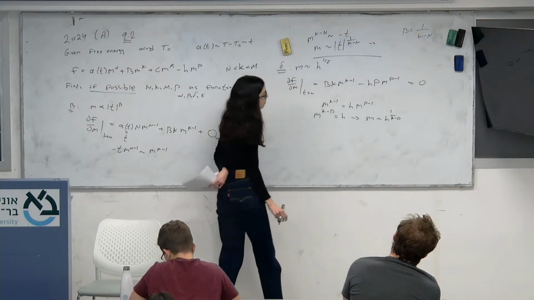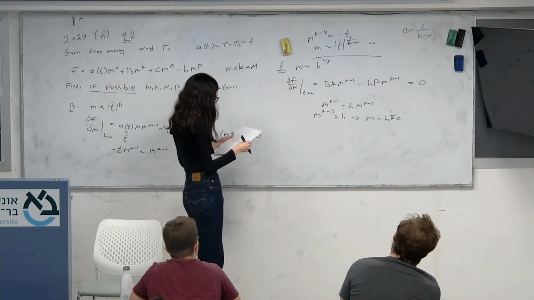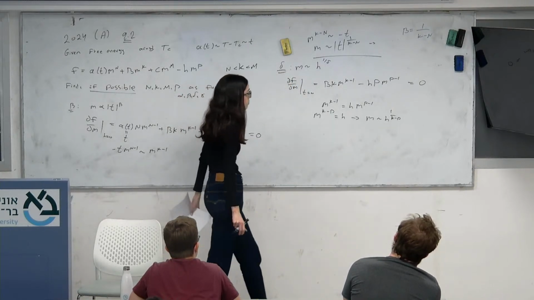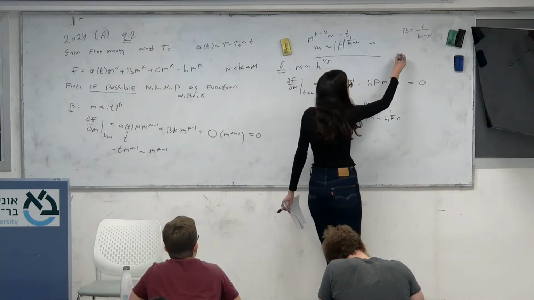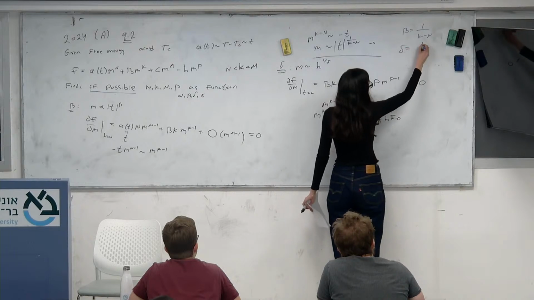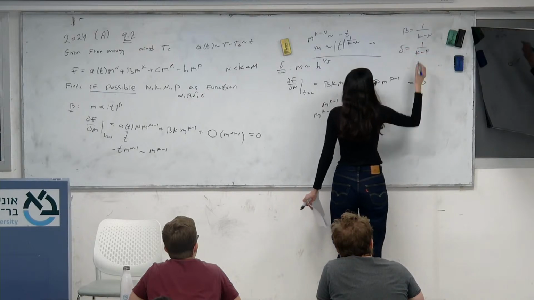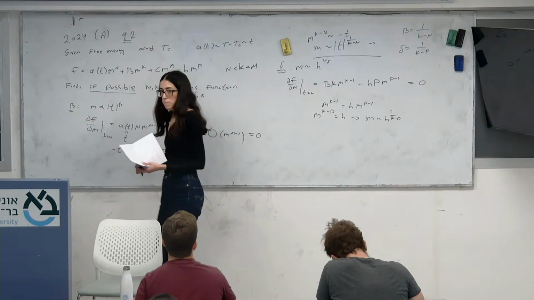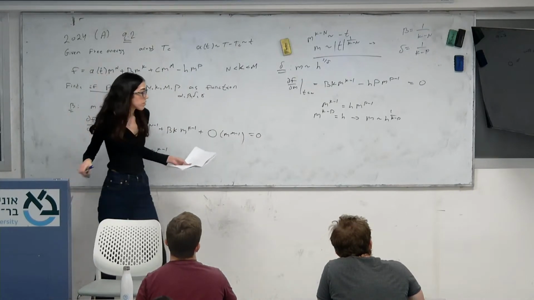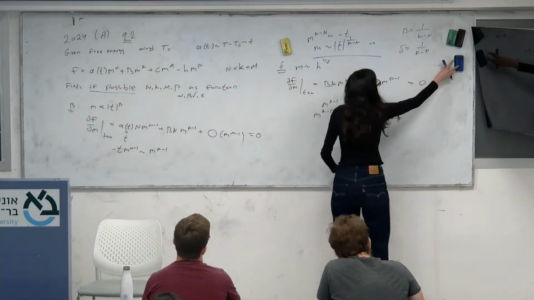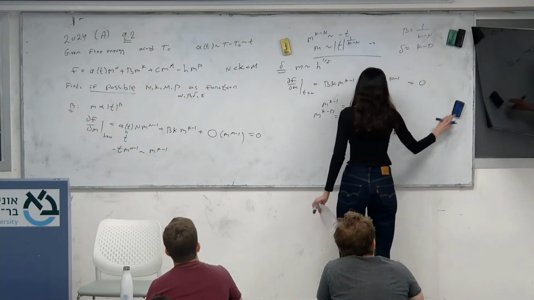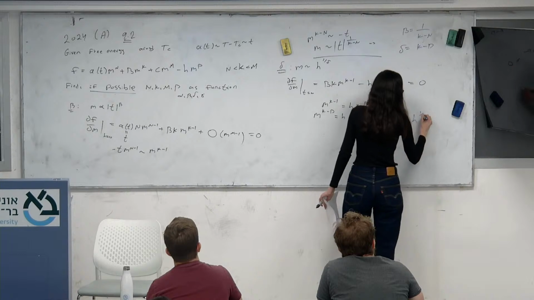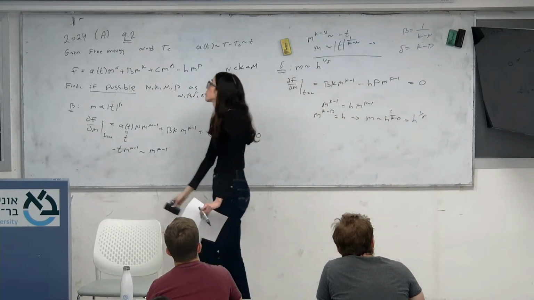Is that right? Delta equal to k minus p. No, it's 1 over delta, right? Yeah, so 1 over delta is k minus p.